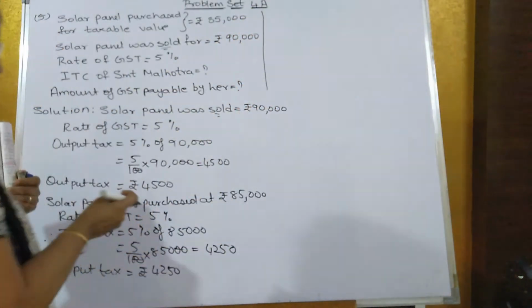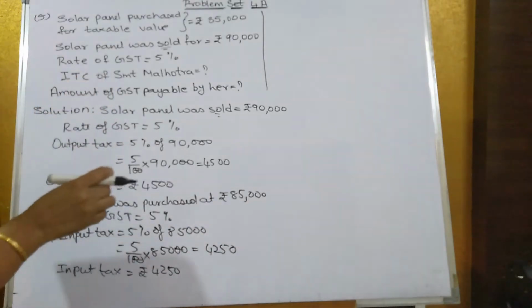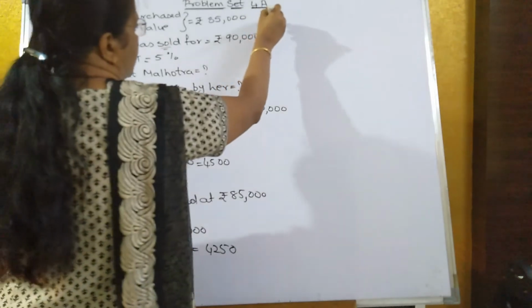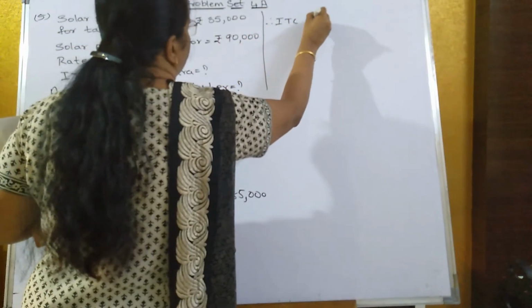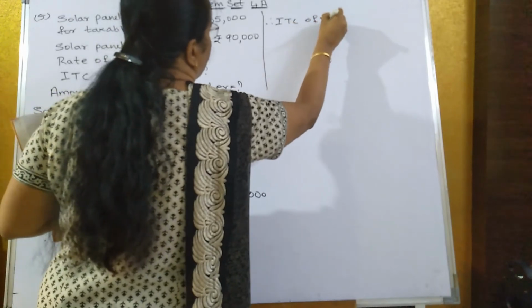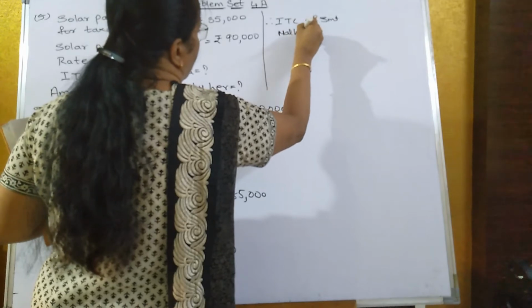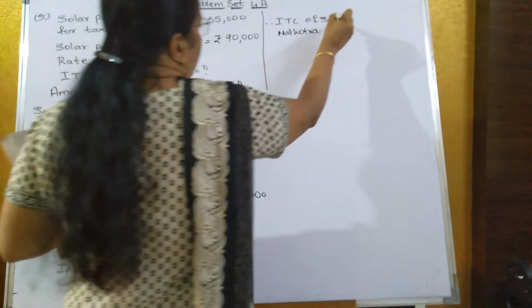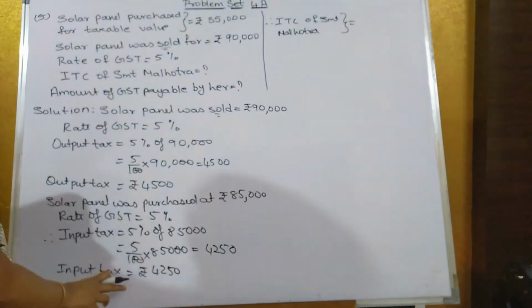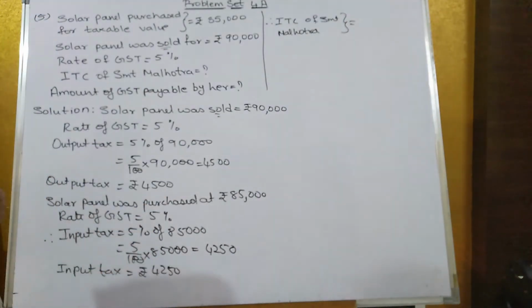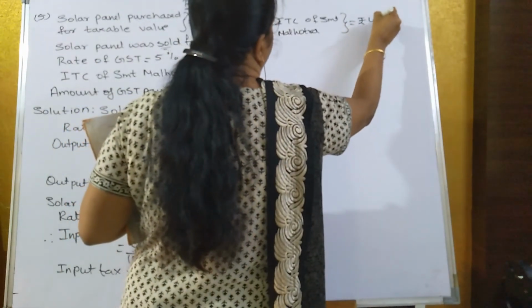So what will be the ITC? They have asked to find out the ITC of Srimati Malhotra. Therefore, ITC of Srimati Malhotra is equal to whatever is the input tax, that is the ITC. So input tax is equal to rupees 4,250.